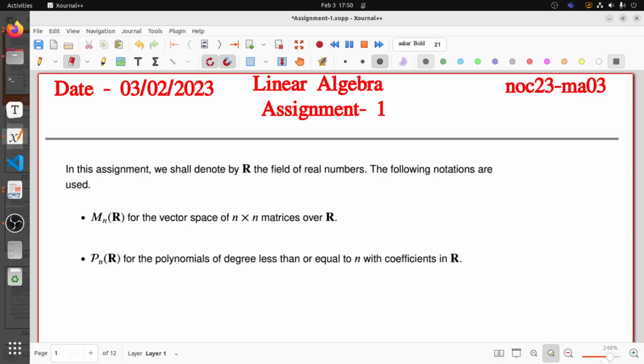So then what happened? You can write A0 minus A1 plus A2 minus A3 plus B0 minus B1 plus B2 minus B3.